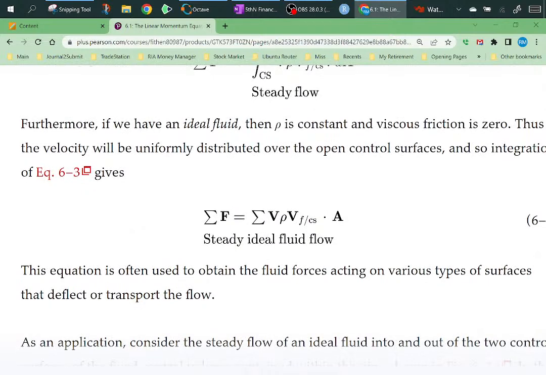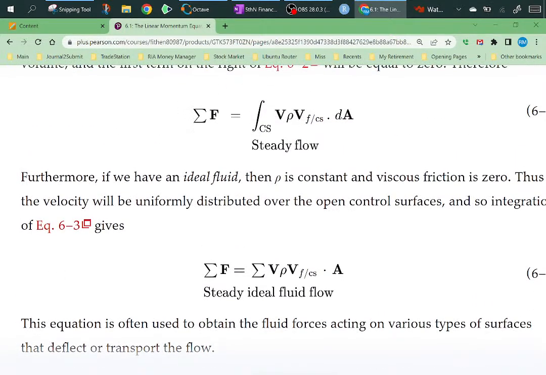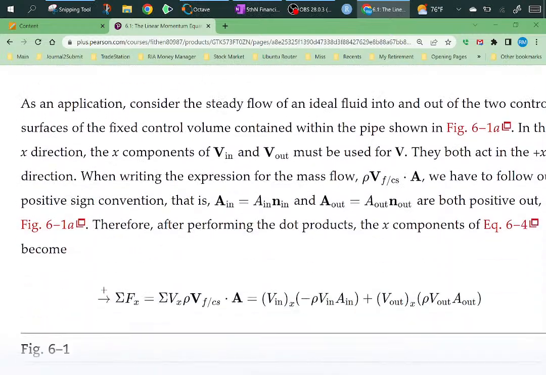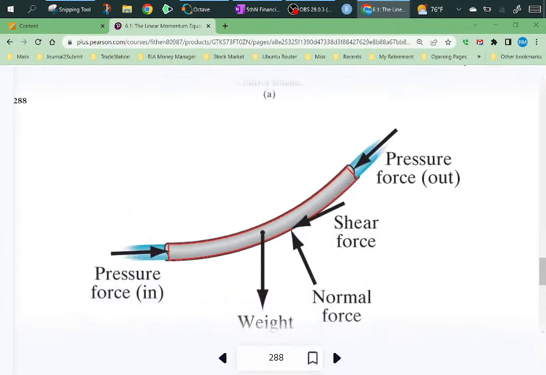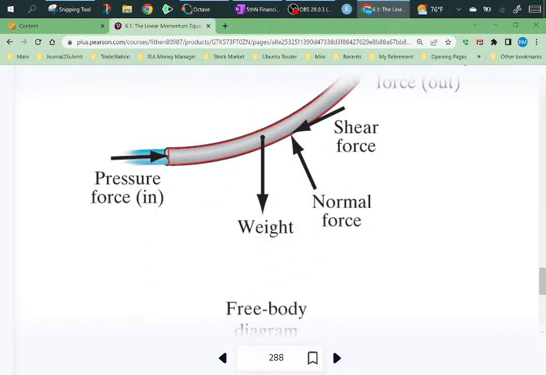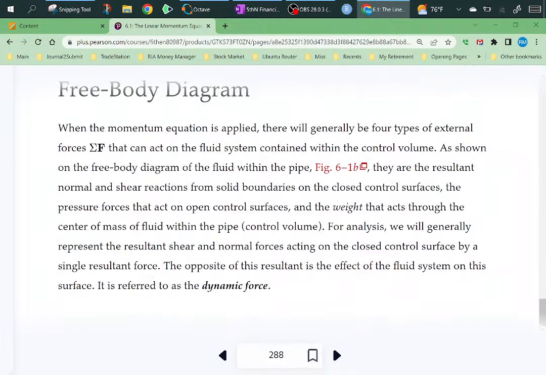If you have steady flow in which you can integrate across and find your averages, you can get this. You can basically sum the forces on something and work out what the force would be.